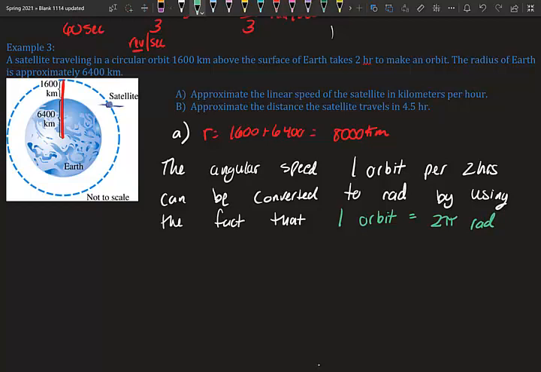So we know that we can convert this to radians because one orbit is one rotation around the Earth, which is 360 degrees, which is 2 pi.